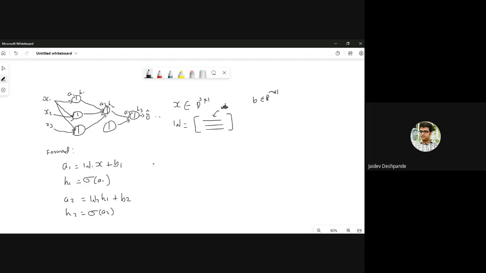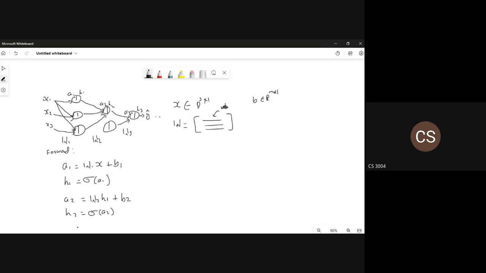No, W1. W1 is the weight that connects input to the first hidden layer, right? Oh, I see. You have two hidden layers. Sorry, I somehow forgot that. I assumed that we only have one hidden layer. Okay, so W1 and W2, and then this is W3.